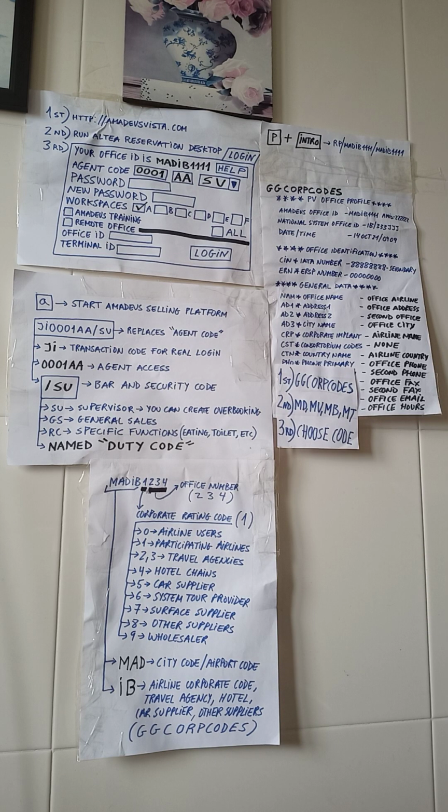If it wasn't participating airlines, that first number, the one, of the code would be different. In other words, this one would be changed for 0 airline users, 2 or 3 travel agencies, 4 hotel chains, 5 car supplier, 6 system tour provider, 7 surface supplier, 8 other suppliers, 9 wholesaler.